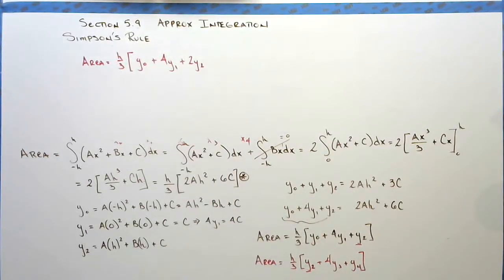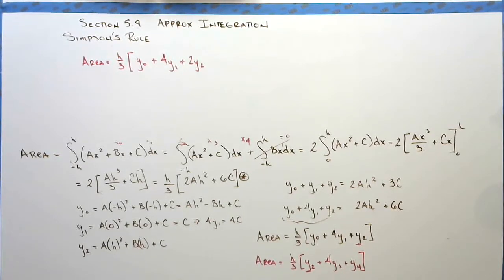Now, here we have 1 y sub 4, but our next partition would be y sub 4, y sub 5, and y sub 6, right? That would be our next partition. Here we ended at y sub 2. We started at y sub 2. It would start at y sub 4.